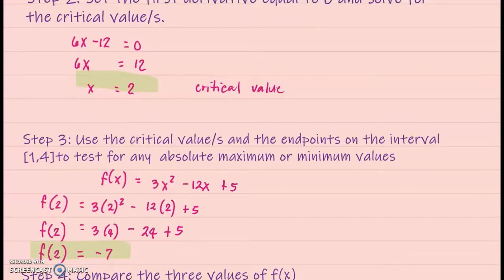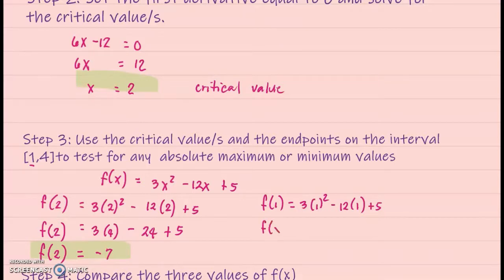Next, let's have 1. So we have here f of 1 is equal to 3 times 1 squared minus 12 times 1 plus 5.